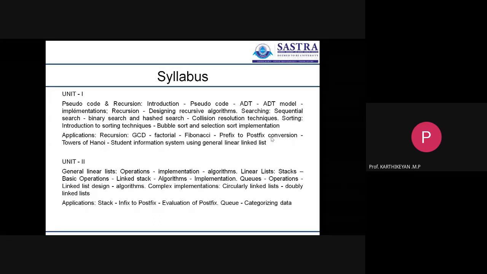Abstract data type means, in C++, you might have studied template classes, a class which accepts any type of data or a function which accepts any type of data. So such kinds of data structures, how to create a data structure using the ADT model, that is what we are going to study.